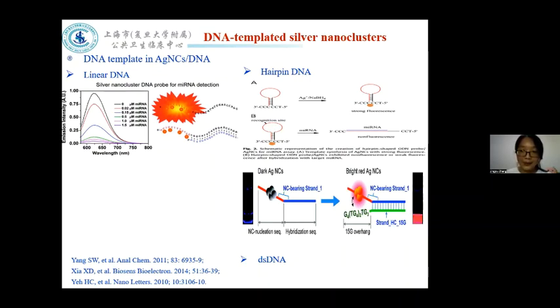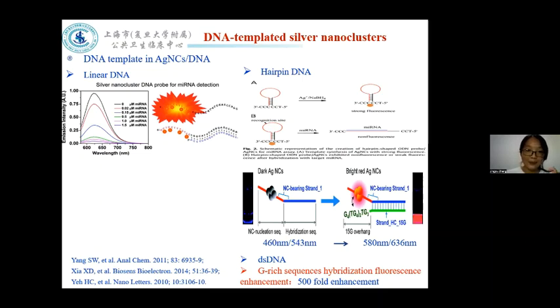One hybridized strand comes to hybridize with the signal strand, then there will be a fluorescence enhancement as high as 500-fold, what we call G-rich sequence hybridization fluorescence enhancement.